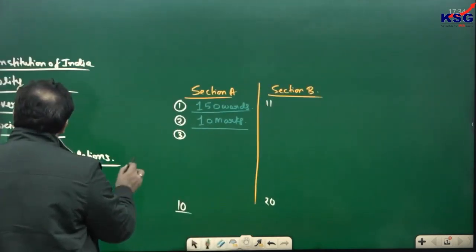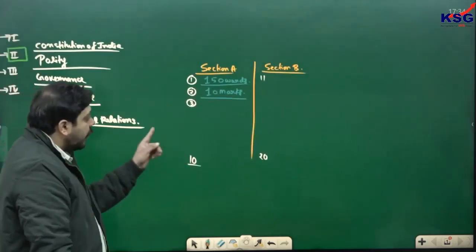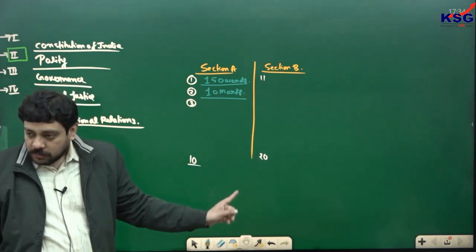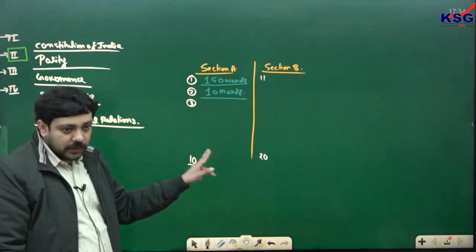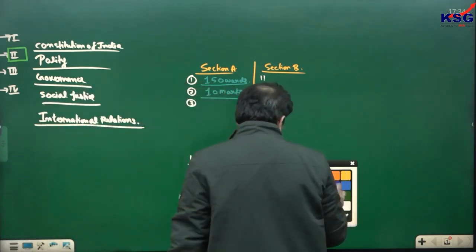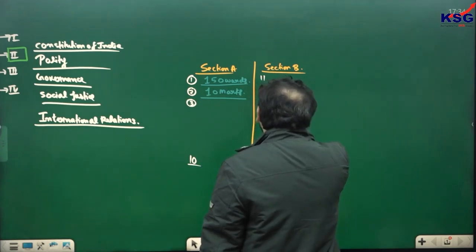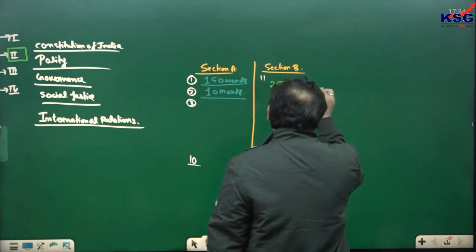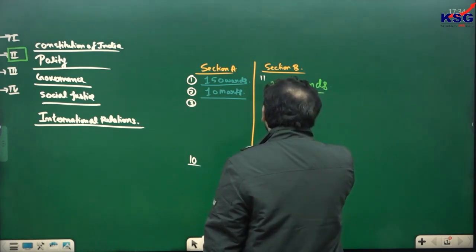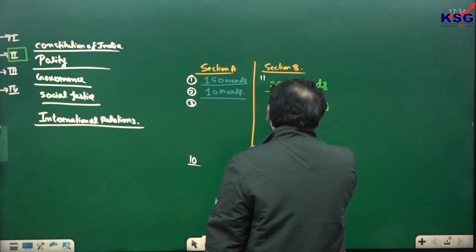Okay, all these 5 subjects can find themselves both in section A and section B, right? They are not only in one particular section, right? The difference between section A and section B is that you have a distinction of marks. Section B mein, the maximum that you have to write is for 250 words, and the maximum marks that you can score is 15.